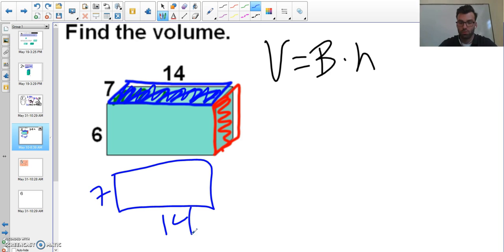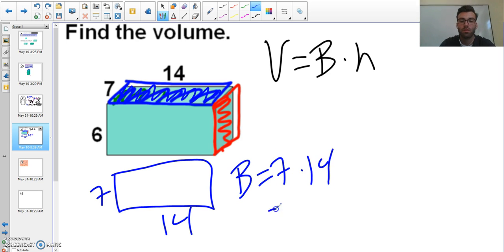You do base times height, remember, from last chapter? So the base here, capital B, is 7 times 14, which gives me 98. I used my 7, I used my 14. The number I haven't used yet was the 6.